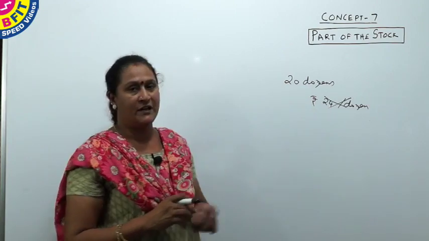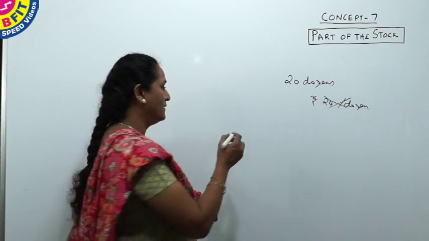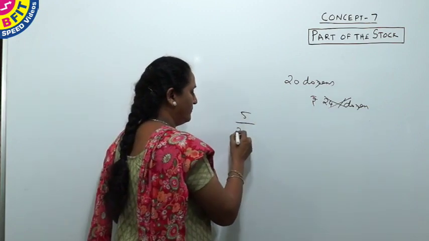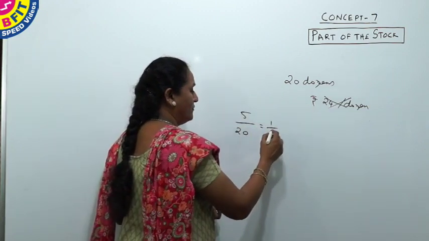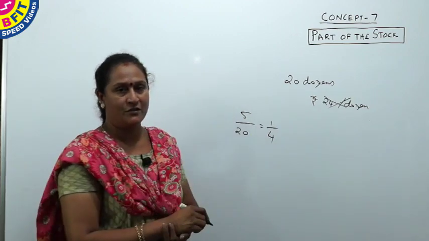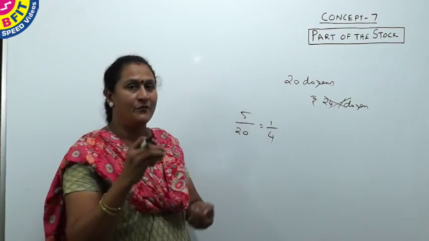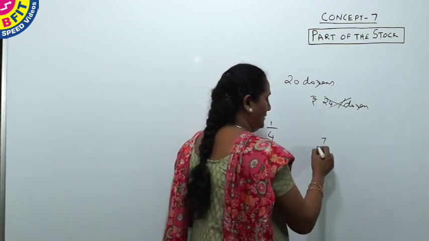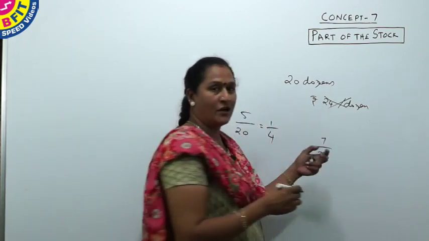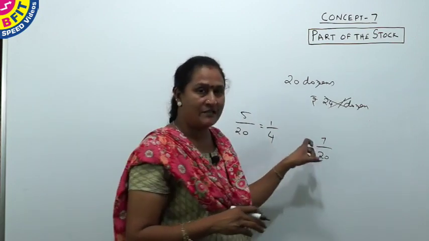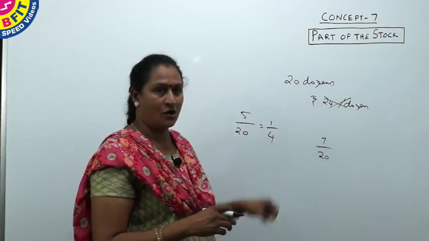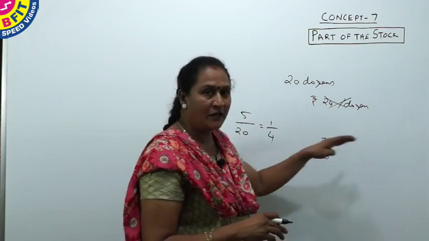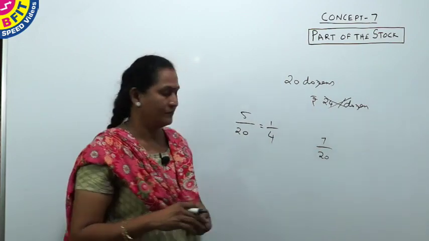So out of 20, 5 dozens is what part? It is 1/4 of the stock. Suppose out of 20 dozens, they give us 7 dozens, for example. This is not divisible, so you can just take 7 by 20 itself as this part of the stock, and the remaining will be 13 by 20.